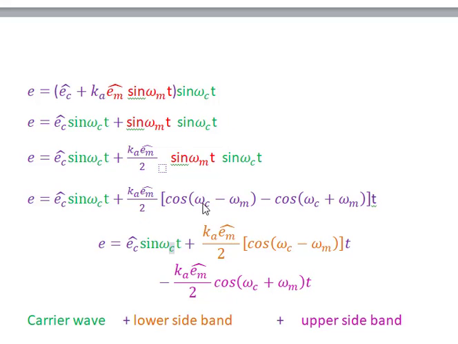So the final equation contains the carrier wave component Ec cap sin omega c t, and another two components, Ka Em cap by 2 cos (omega c minus omega m) t and the corresponding sum term.